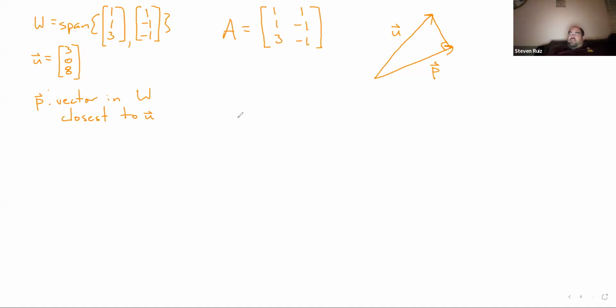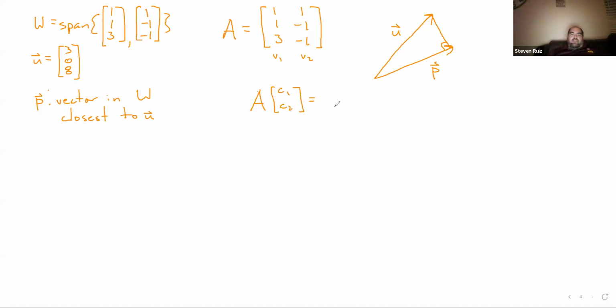So what we're looking for is this. I know that if I find some combination of the vectors of A, so let's say this is V1, this is V2, and I multiply that by this column vector, C1, how many coordinates do I need? I just need 2: C1, C2.